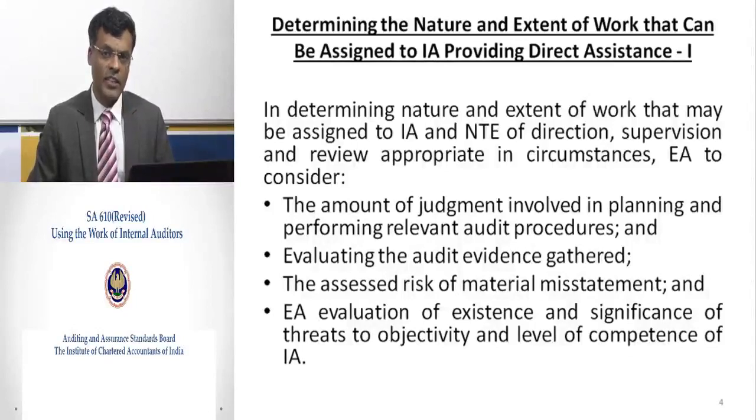In determining the nature and extent of work that can be assigned to an internal auditor, and the nature, timing, and extent of direction and supervision, the external auditor has to consider some important aspects. This relates to the amount of judgment involved in planning and performing the relevant procedures and evaluating the audit evidence gathered.